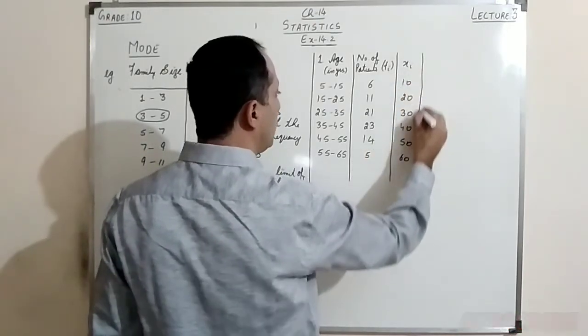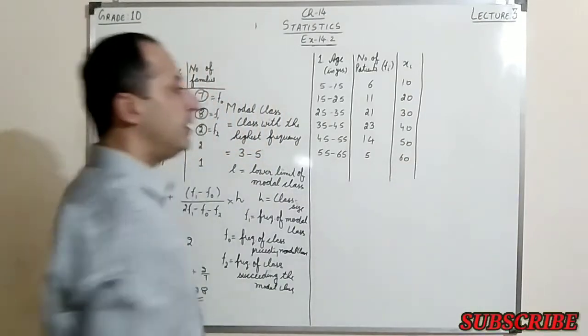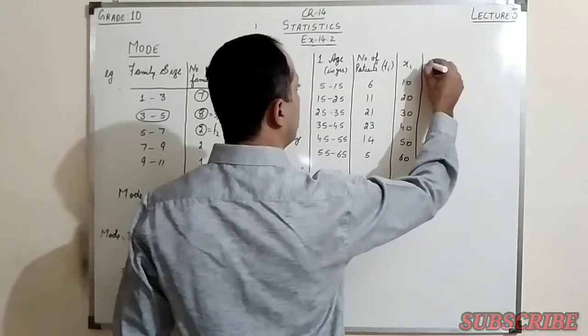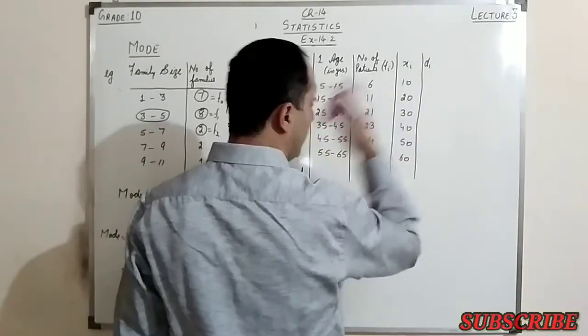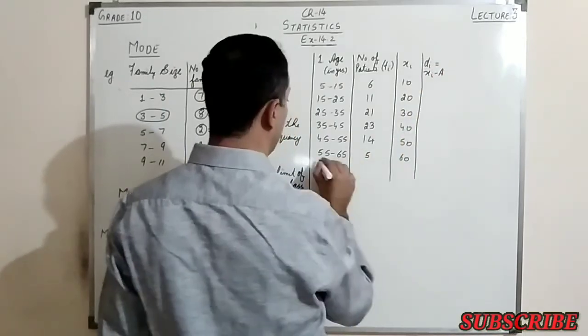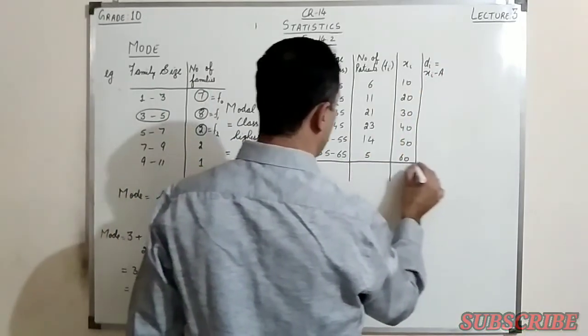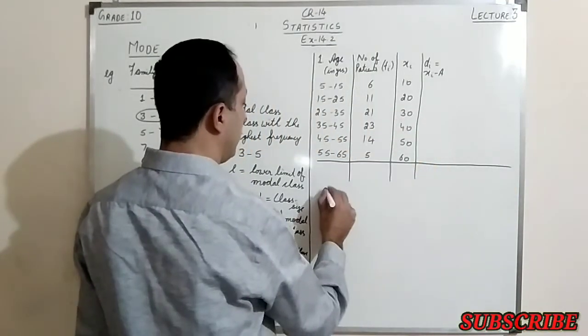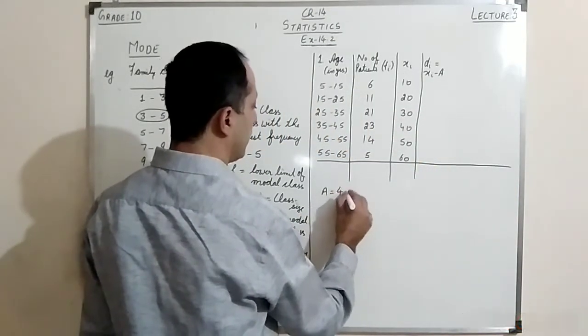Now, let's use the method of assumed mean to find the mean. So let's find di here, and di we know is equal to xi minus a. So we suppose one of these values, let's take a equals to say 40.